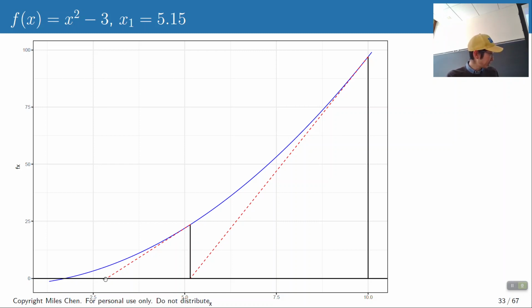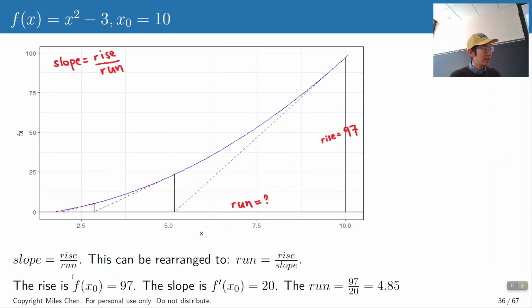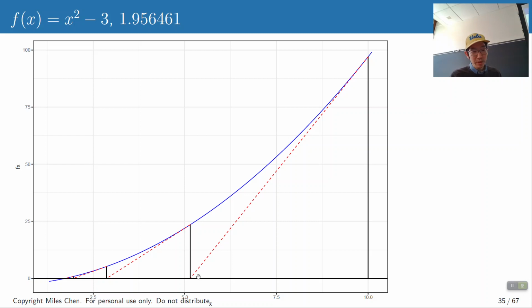We follow that tangent line, and we end up over here, and that's 2.866. We follow this and come down to here, and we get 1.956, and we follow that. After 1, 2, 3, we're getting pretty close to our solution, right over here.